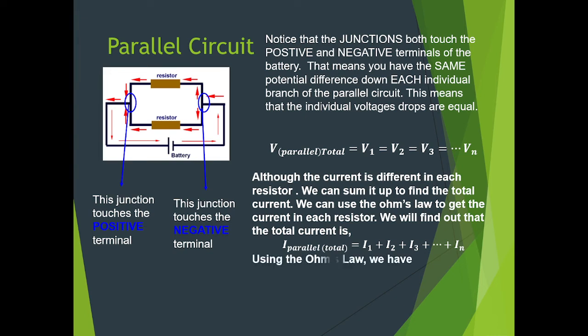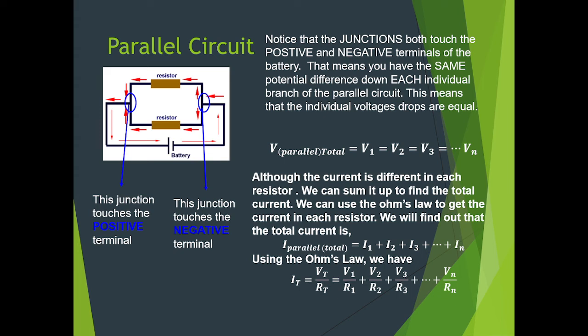Using Ohm's law, we can show that the total current in a parallel circuit is also equal to the total voltage, V sub t, divided by the total resistance, R sub t, and this is also equal to V sub 1 over R sub 1 plus V sub 2 over R sub 2 plus V sub 3 over R sub 3, and so on and so forth.